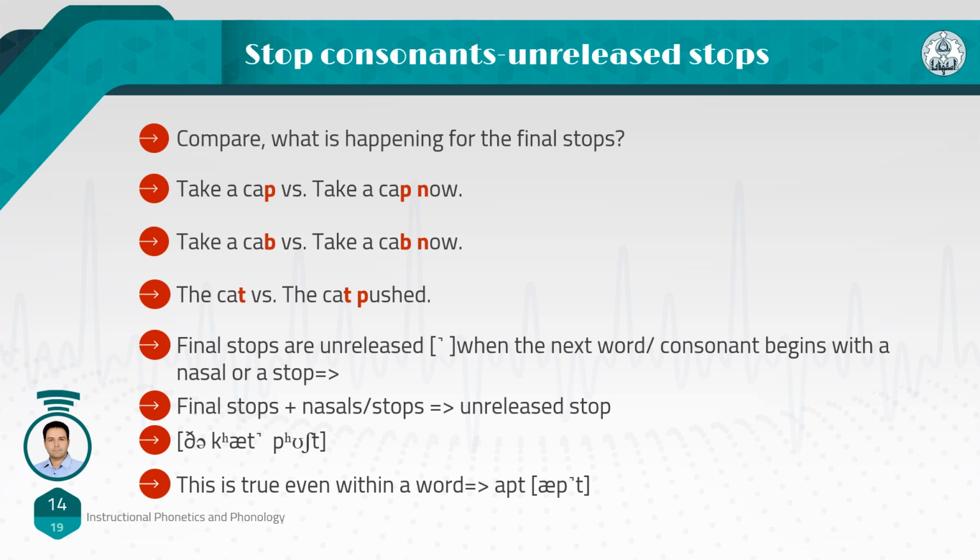So in fact, you can see that when I say apt, this releasing of the stop produces a somewhat unnatural pronunciation. Generally, final stops are unreleased when the next word begins with a nasal or when it begins with a stop, as you can see in these examples.